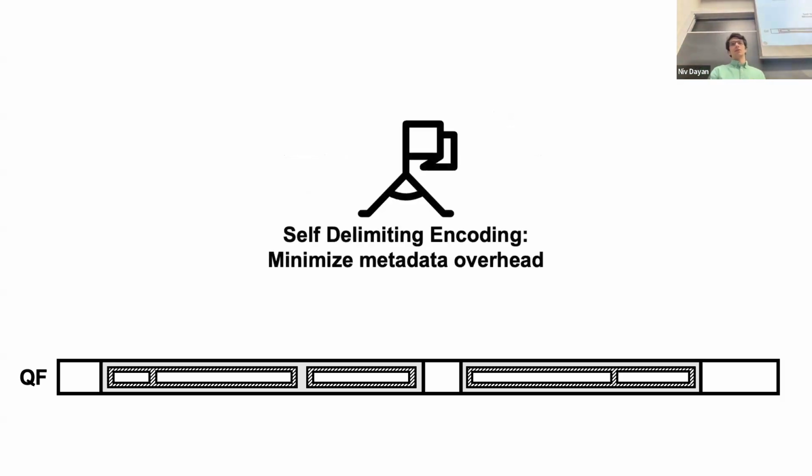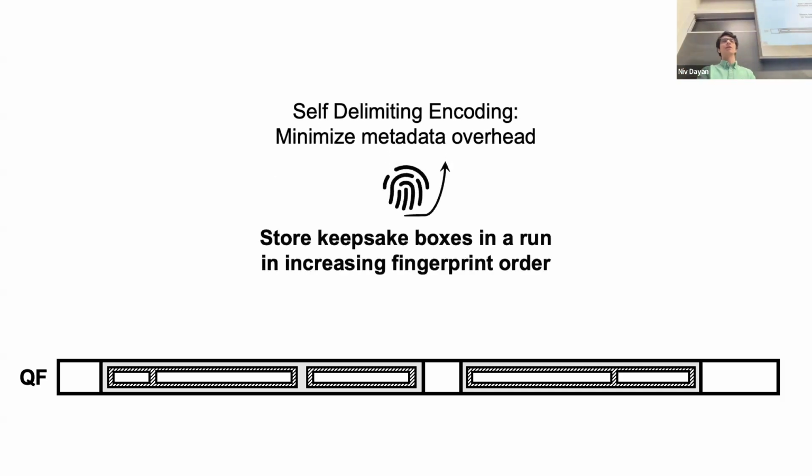Okay. So in some sense, what we're trying to shoot for is a self-delimiting encoding, where the keepsake boxes themselves are enough to delimit each other. If you have such a thing, it's minimizing the metadata overhead, so you're getting what you want. To achieve this, we're going to enforce this invariant right here: we store the keepsake boxes in a run in increasing order of their fingerprints.